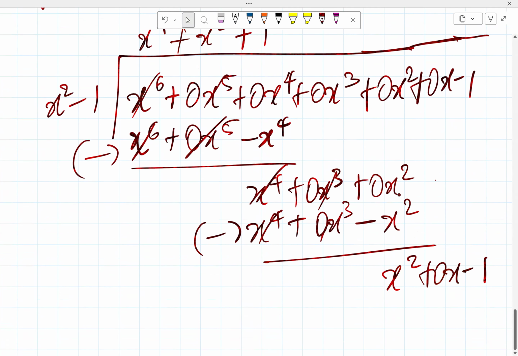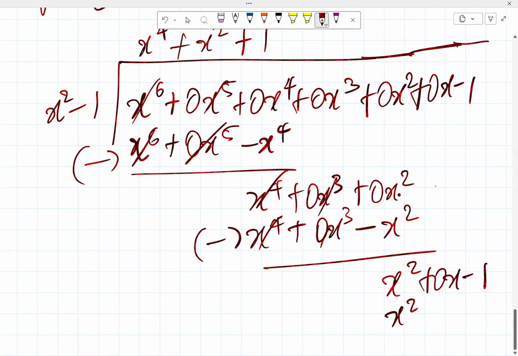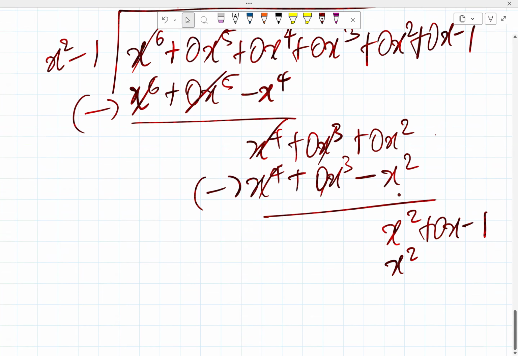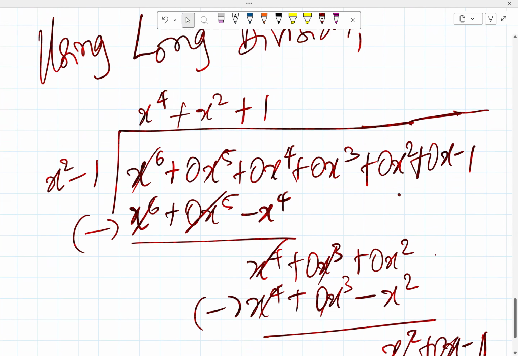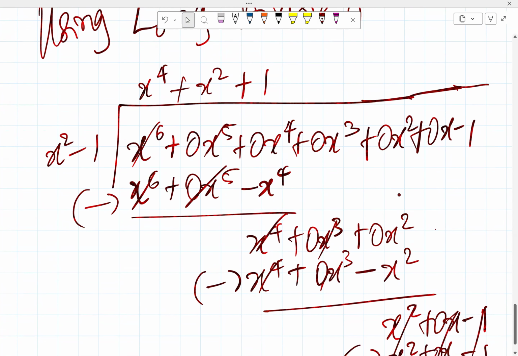So 1 times x squared is x squared. Then 1 times minus 1 is minus 1 here. And we have just 0x, since that doesn't exist. So we can subtract, and everything cancels out. So clearly, the other factor apart from x squared minus 1 will be x raised to power 4 plus x squared plus 1.